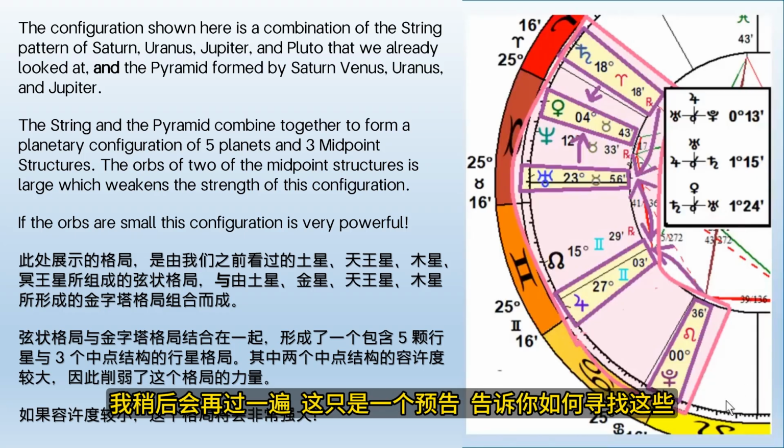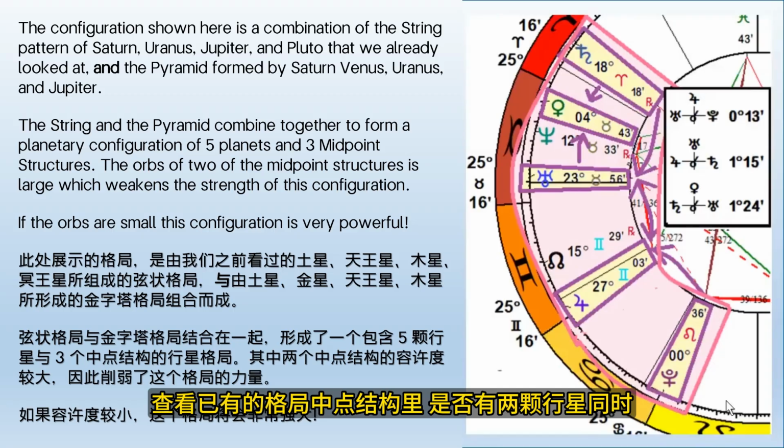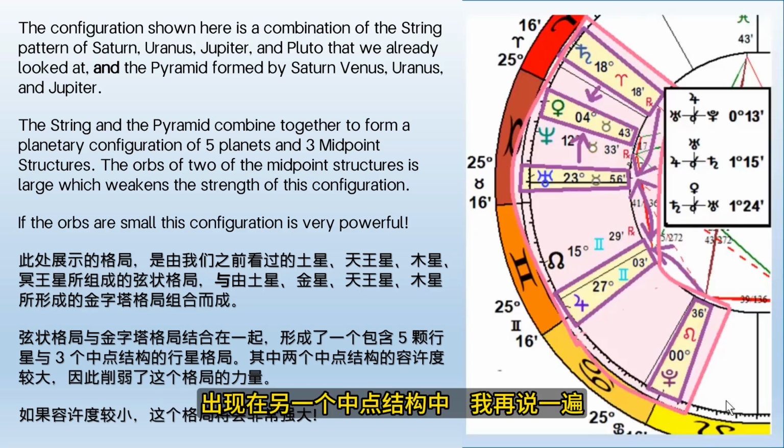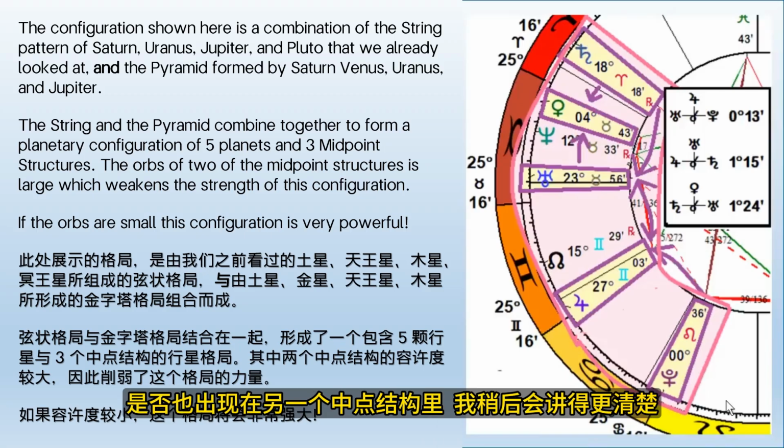I'm going to go over that again later. So the basic, but just to give you a preview of how you find these configurations, you see if 2 of the planets in the midpoint structures that are already part of the configuration are in another midpoint structure. I'll make that clearer in a minute.